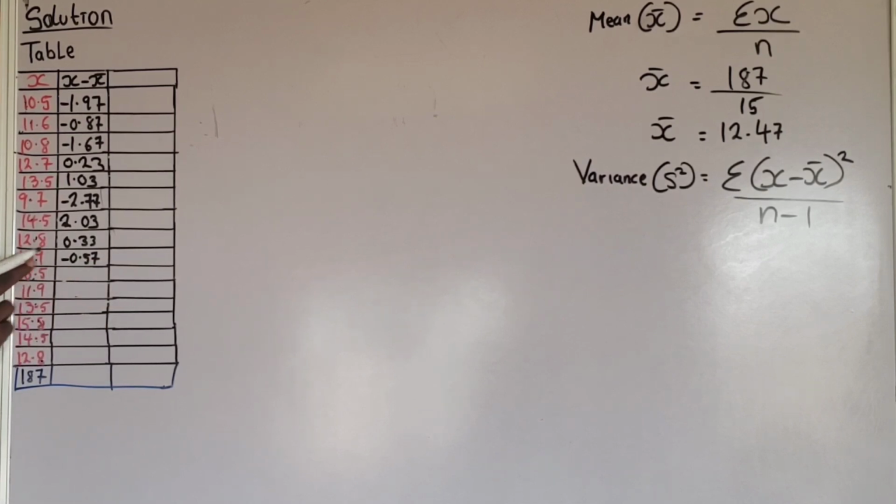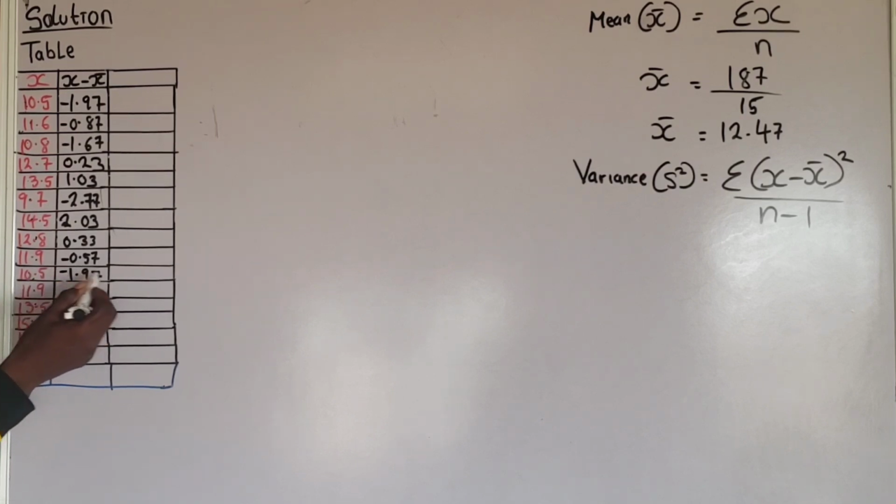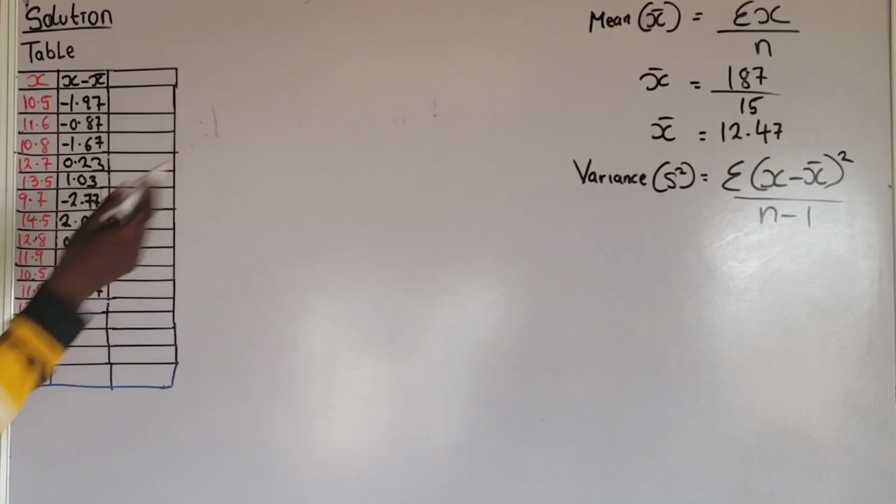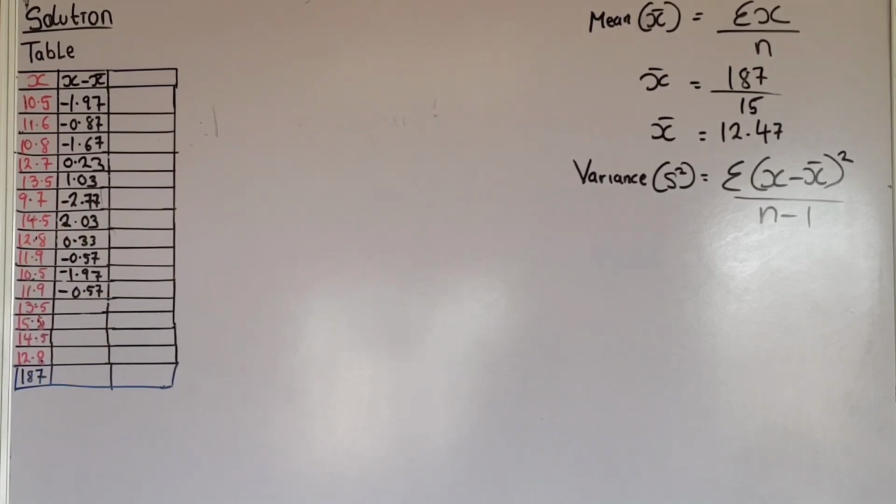So 10.5 minus 12.47 will be negative 1.97. Then 13.5 minus 12.47 will be 1.03, and here I'm going to have 3.33, and here we're going to have 2.03, then here 0.33.